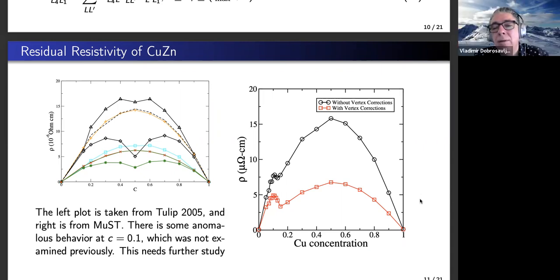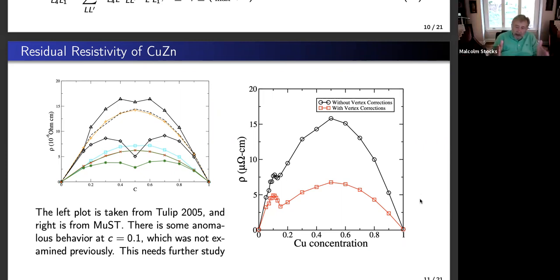So if the half width of the band is basically the Brillouin zone dimension, that means the mean free path is of the order of one atom wide, right? So you're already bordering on the localized limit, right?